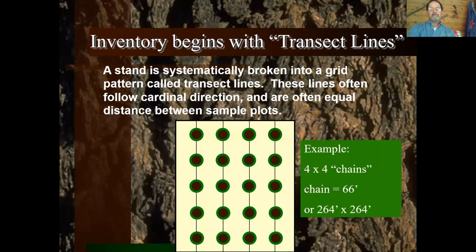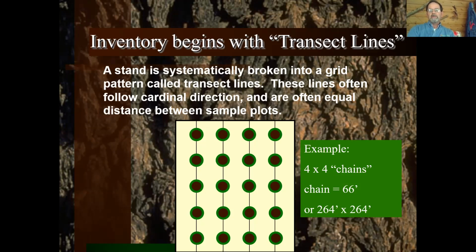But these samples typically are put in on some type of uniform sampling. So in other words, foresters might put their plots 4 chains apart. Now a chain is a measurement of 66 feet. And so we know our pace, and we know as we walk through the woods what a chain is.